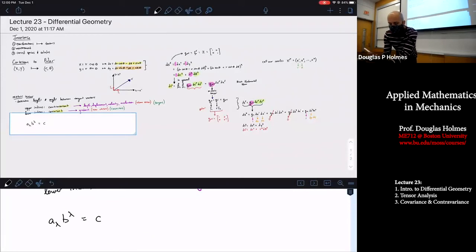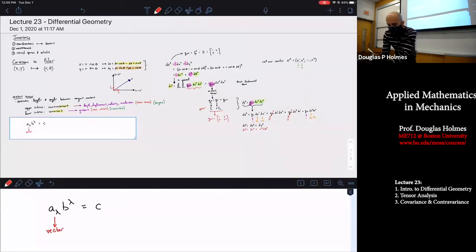This has one subscript. So it's what's referred to as a vector or a 0th order tensor, because vectors are just tensors. And this is also a vector.